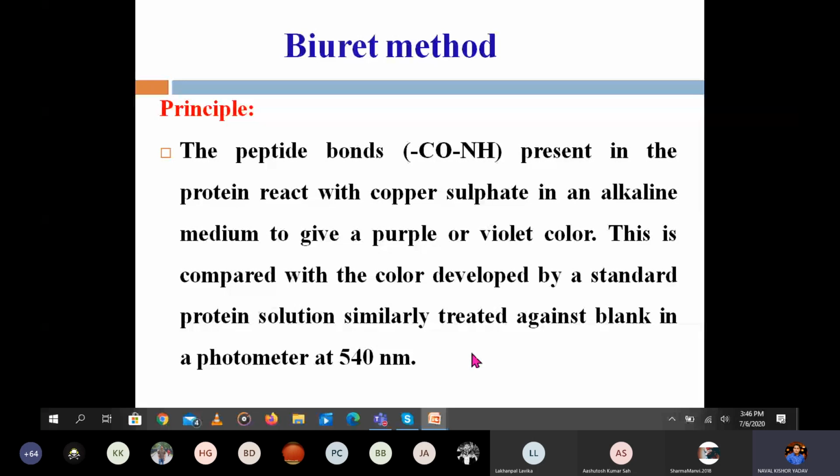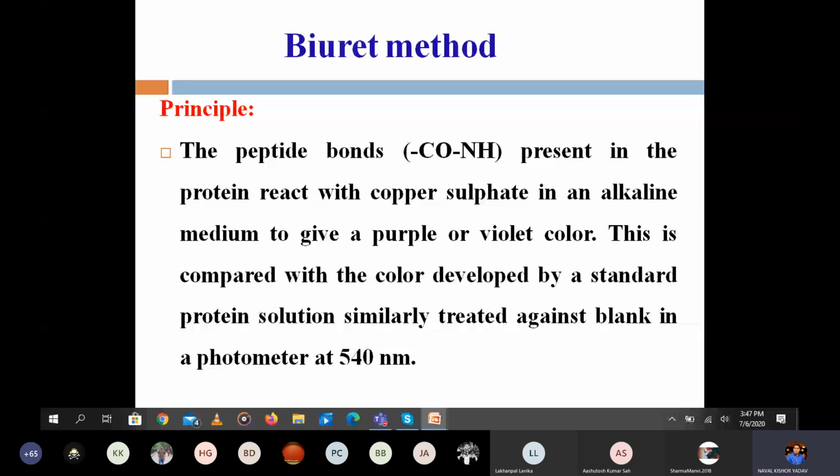So basically, based on the amount of peptide bond present in the proteins, the intensity of color will develop. The more the peptide bonds, the more intense the color you will get. So the intensity of color is directly proportional to the concentration of protein in the given sample. As you know, between two amino acids there is one peptide bond.